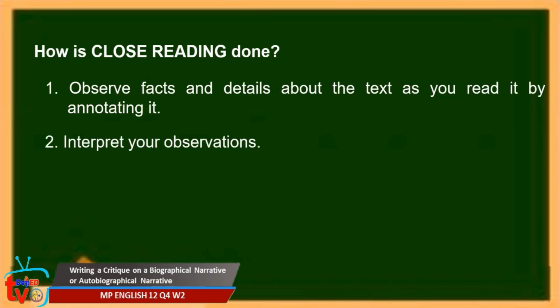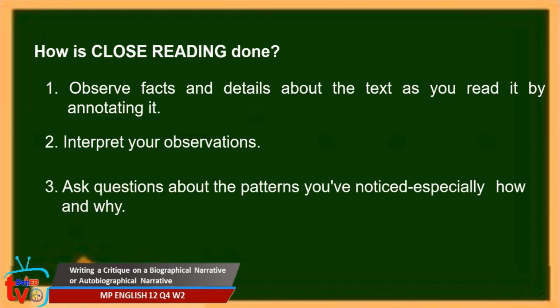Interpret your observations. From the facts, details, and questions that you have annotated on the text, what can you say? Did you find questions common among what you observed? Ask questions about the patterns you have noticed, especially how and why.